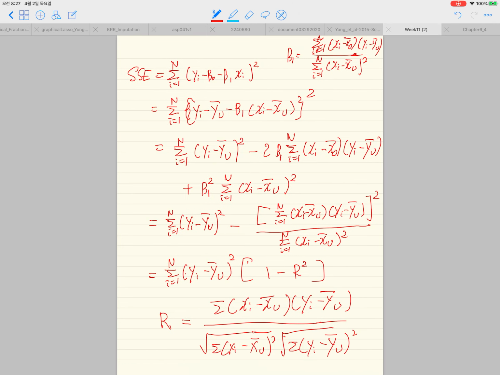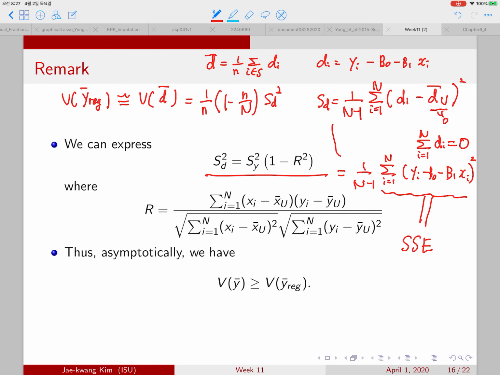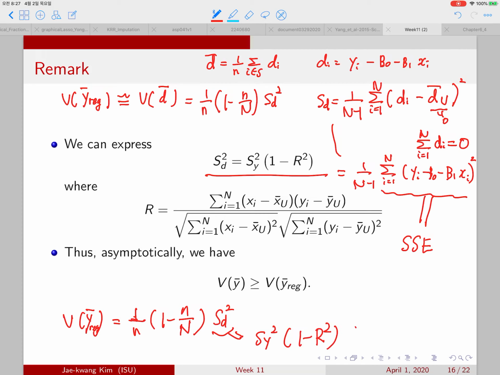So now this R square should be less than or equal to 1. So that means this regression estimator variance is 1 over n, 1 minus n over N, S_D square, but S_D square is S_Y square times 1 minus R square, and so that is at most S_Y square. Sorry, the other way.